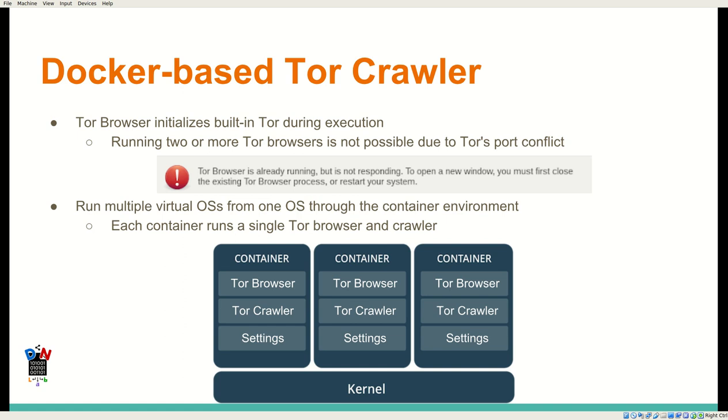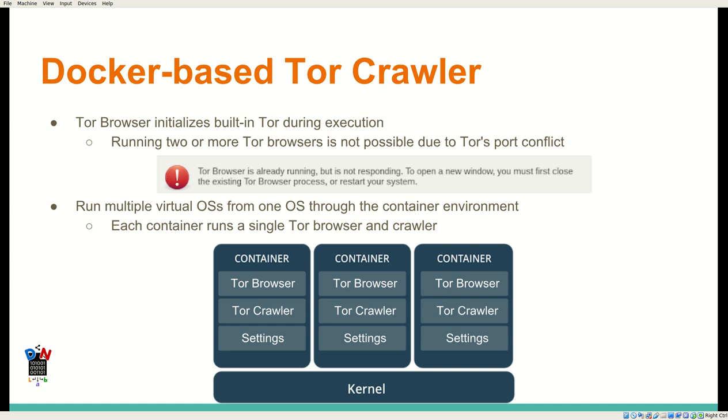Container-based virtualization creates independent containers above the operating system. Each container can have a separate OS environment. Also, we can deploy container images to easily replicate the same work environment.